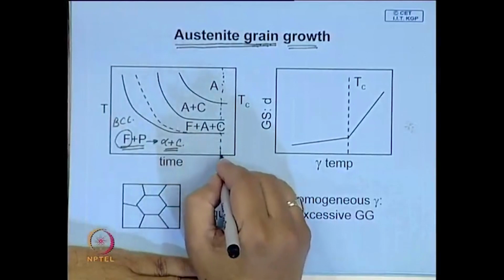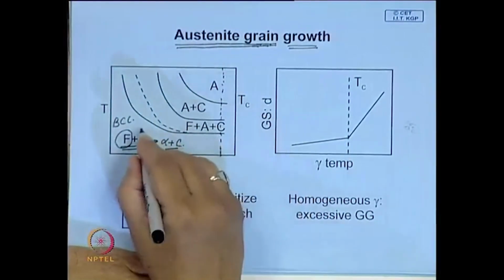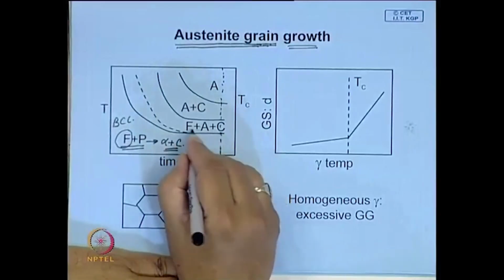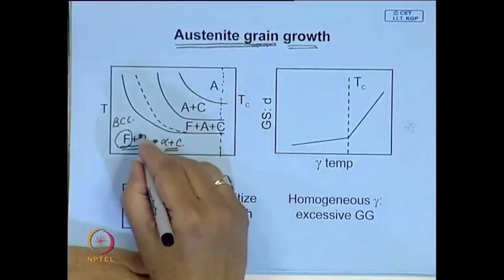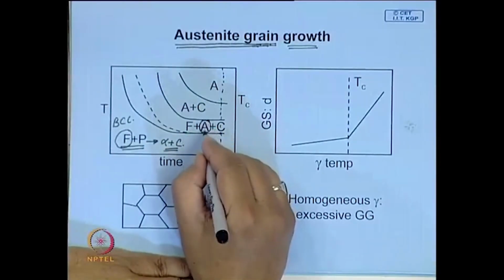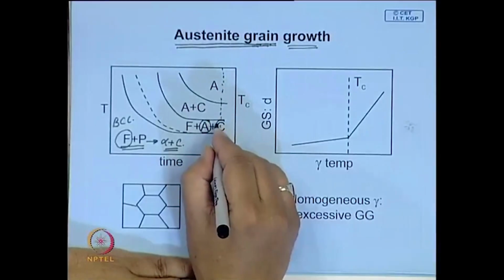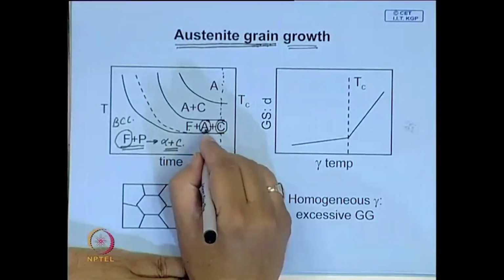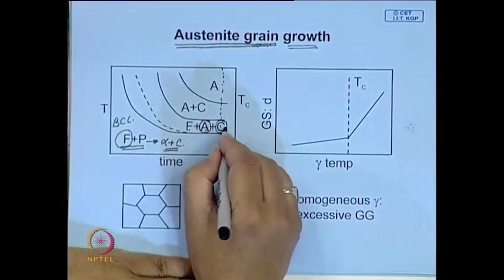time as well. So, suppose we fix the time. First, when it crosses that lower critical temperature, this pearlite disappears, it forms austenite in the pearlitic region, but some carbide may remain undissolved. So, you will have a region where you will have ferrite, austenite and carbide.